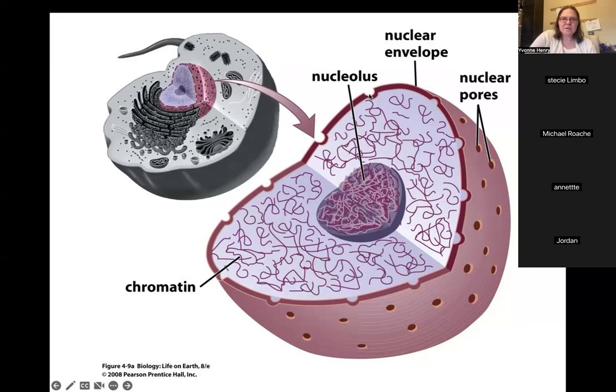These pores are designed so that they allow the RNA, which is used to make proteins, to get in and out of the nucleus because it has to go out into the endoplasmic reticulum, which you can see in the picture here is attached to the nucleus. The endoplasmic reticulum is involved in making those proteins, but it needs to get the instructions on how to make the proteins from the DNA. So there has to be a connection, and that's what these nuclear pores are for.